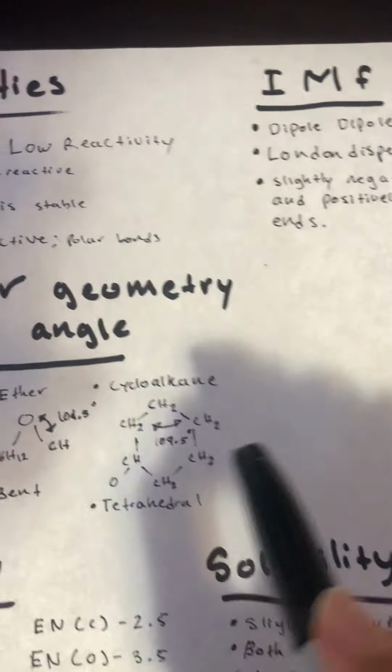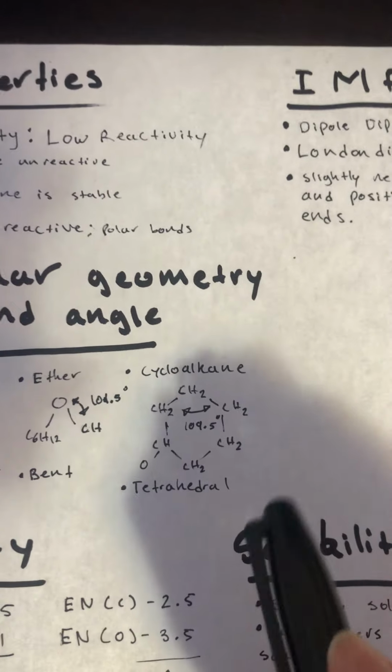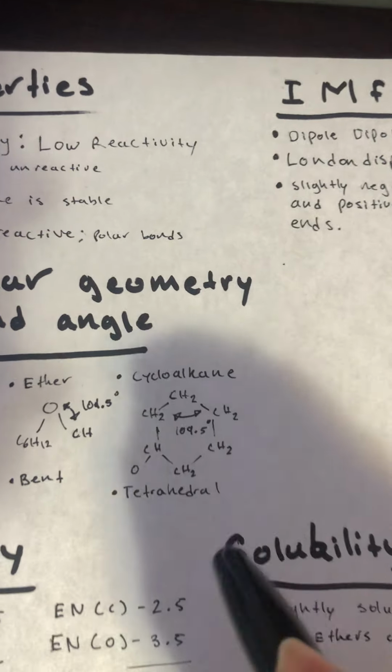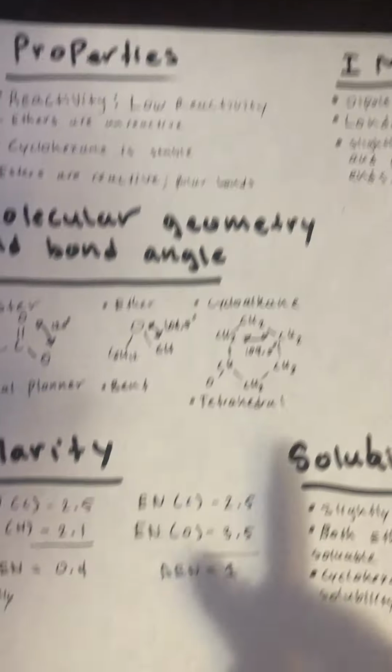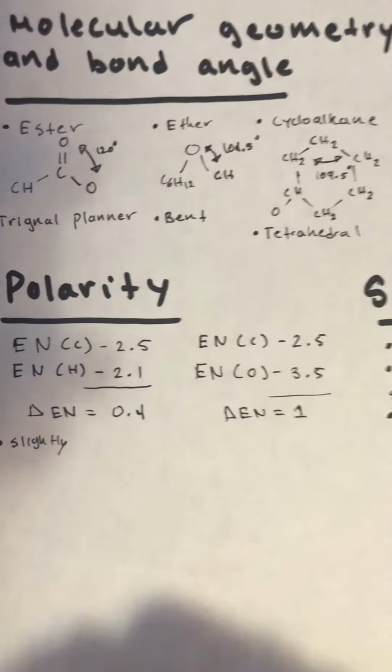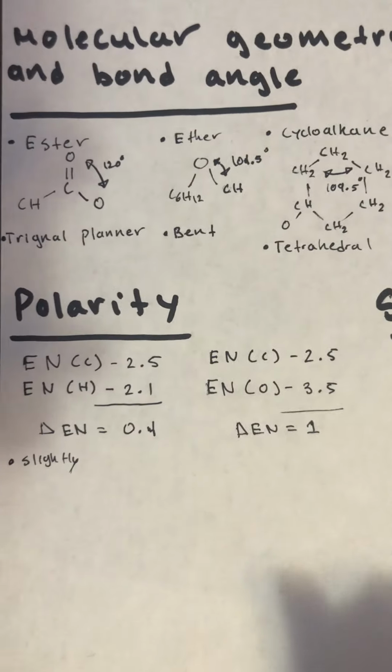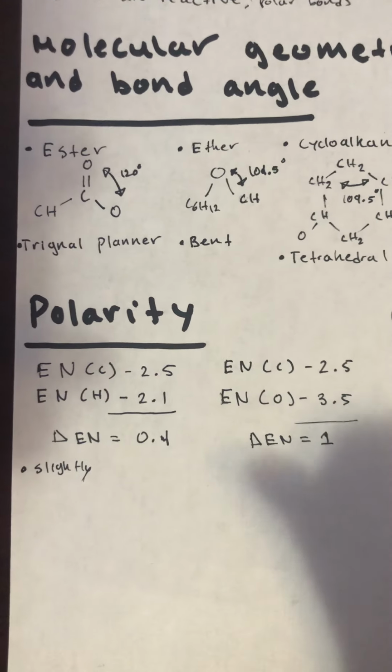The cycloalkane, which is a cyclohexyl, would have a tetrahedral shape and a bond angle of 109.5 degrees.